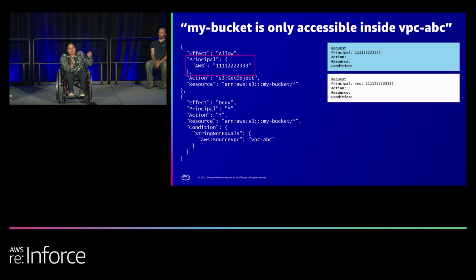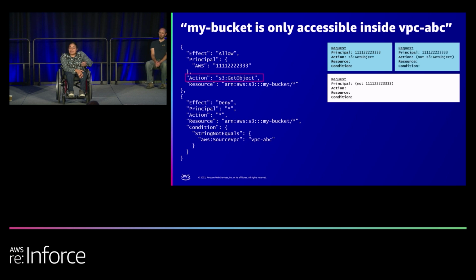I want you to just take this in and convince yourself. And we'll continue to do that. Now we'll do it with action. What are we going to do here? Does it match get object? Yes and no. So what are we going to do?